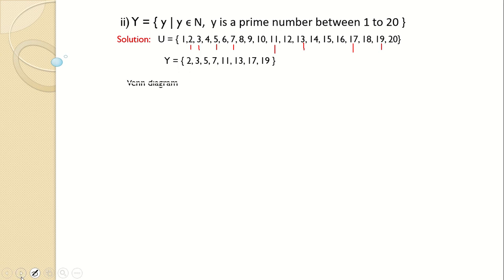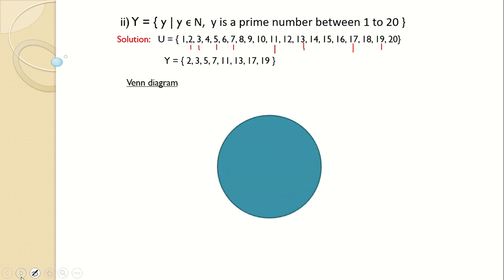Now we just have to show that with the help of a Venn diagram. First we will write the elements of set Y inside the circle. Okay, and then outside all the remaining: 1, 4, 6, 8, 9, 10, 12, 14, 15, 16, 18 and 20.